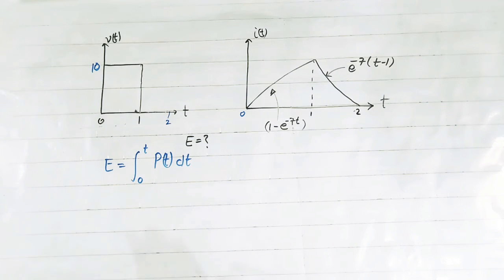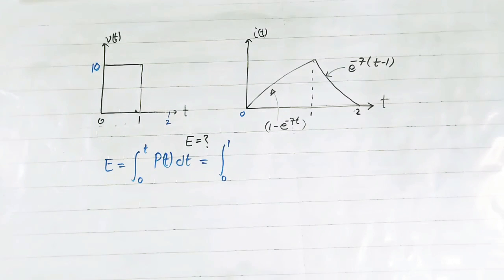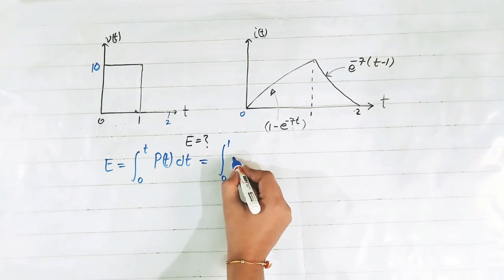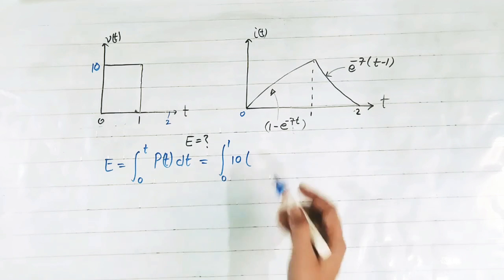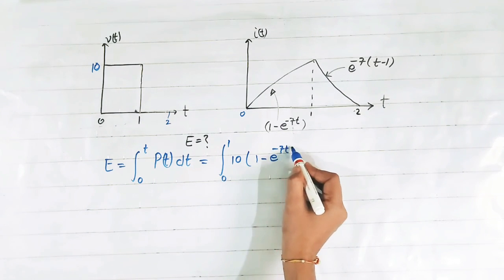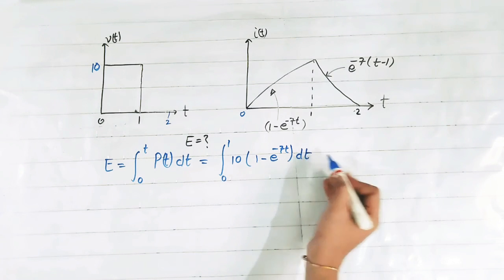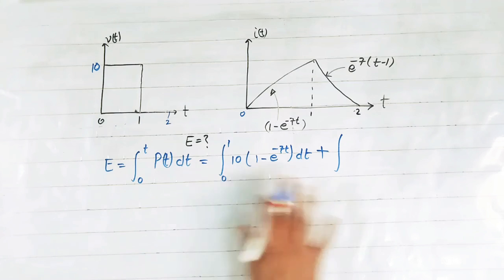Now how can we write this? From 0 to 1 the equation of voltage is 10, and the equation of current is 1 minus e to the power minus 7t, dt, plus now we take the integration from 1 to 2.